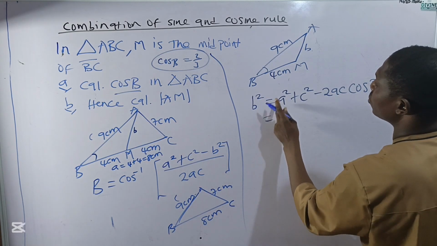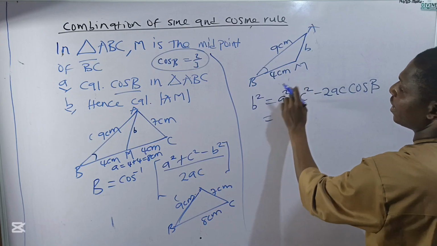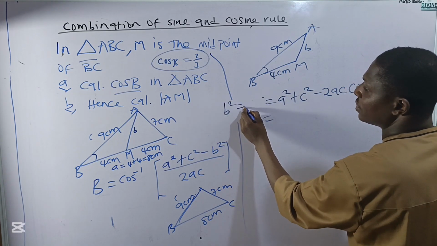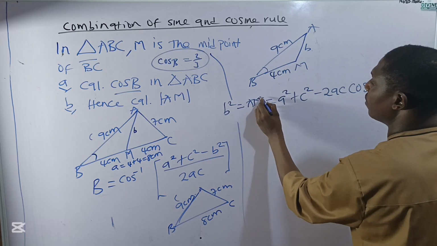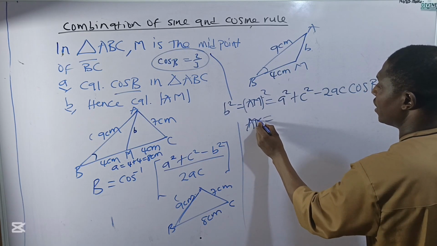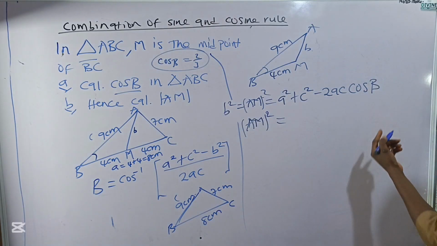My b squared is already here. I remember b squared is equal to BM squared. So let me write it out, please. AM squared, since we're asked for AM. I use the b squared so you understand the formula easily.